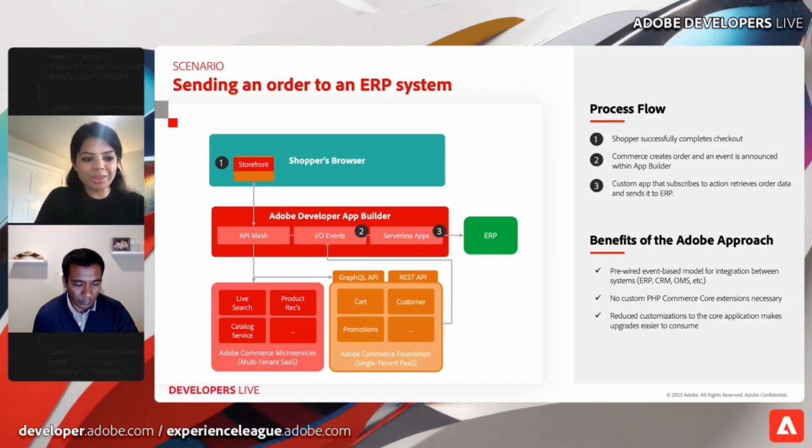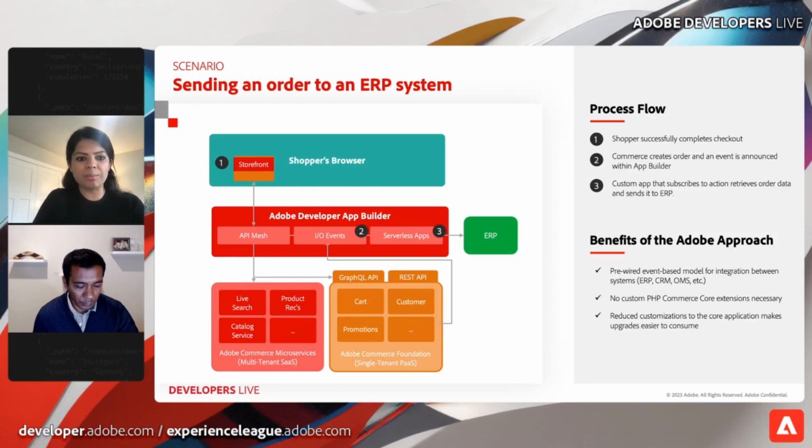With EventBridge integration, commerce customers can subscribe to order created messages and then route the events to the country-specific SQS queues. Depending on the shipping address specified in the order, it can be routed accordingly. And this is just one example. Thank you, Surya, for pulling up another one, which is sending an order to an ERP system.